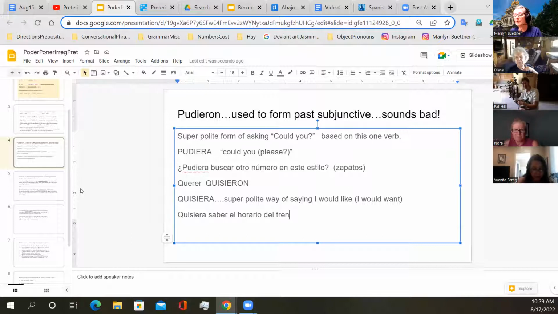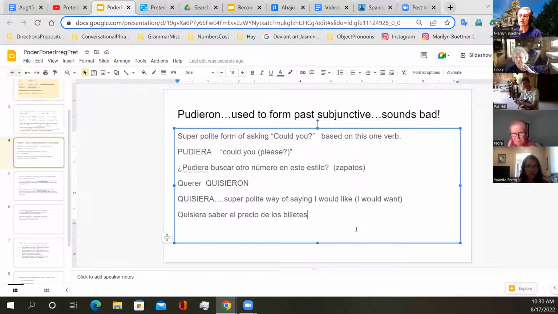Quisiera saber. I would like to know the train schedule. Quisiera saber el horario del tren. O quisiera saber el precio de los billetes. El precio. Quisiera saber el precio de los billetes. I would like to know the price of the tickets. Okay.